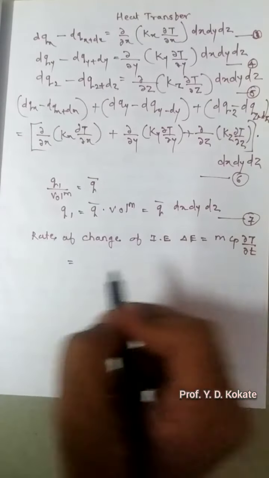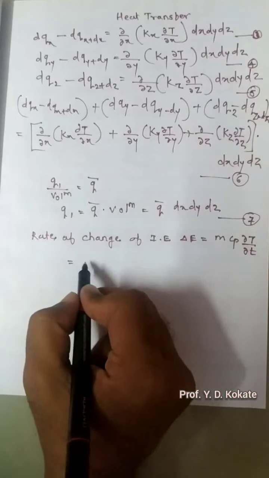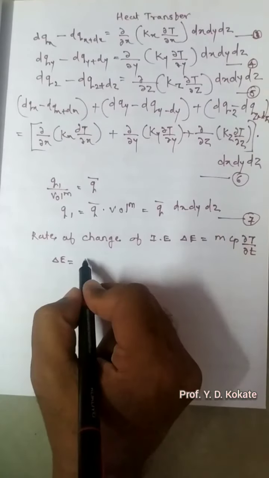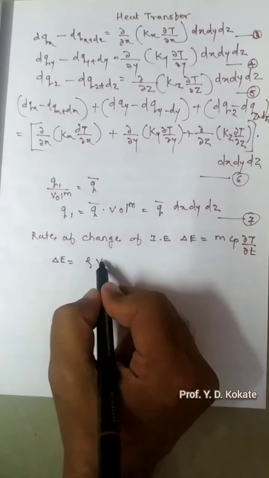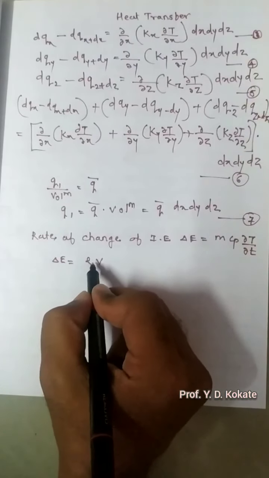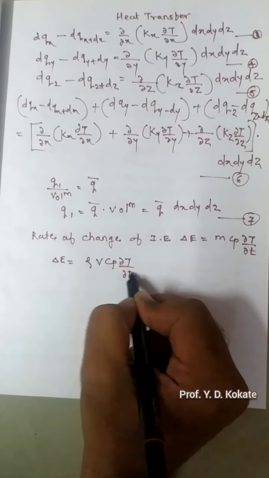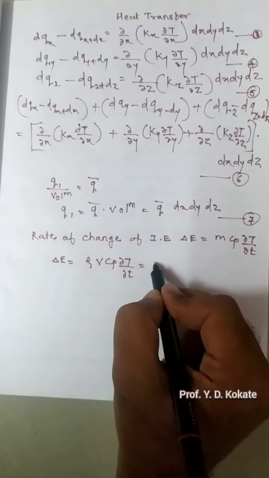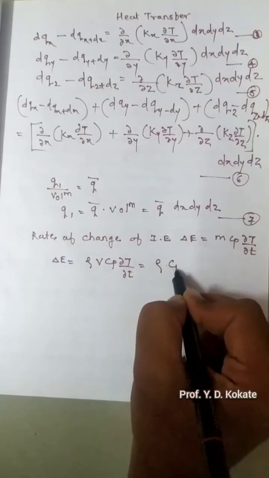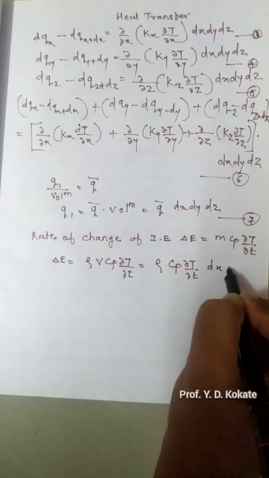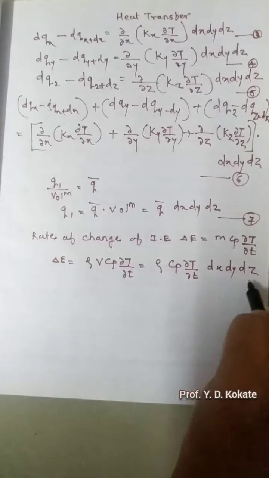This m I can write in terms of density. So the rate of change of internal energy becomes rho V Cp ∂T/∂t, where rho is density and V is volume. What is the volume for this unit? That is rho Cp ∂T/∂t into dx dy dz.